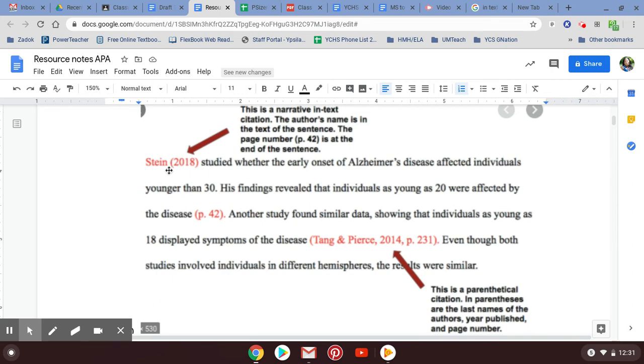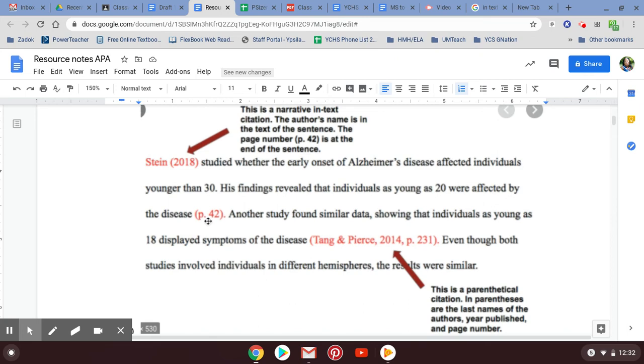Okay, so Stein is the person who did the research. They were studying, and since I didn't say when Stein did it, I put in parentheses the year immediately following Stein's name. Now, if I'm still talking about Stein and Stein's research, now I can put the page number where it was found.